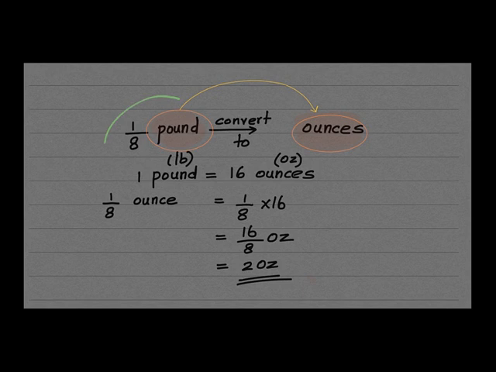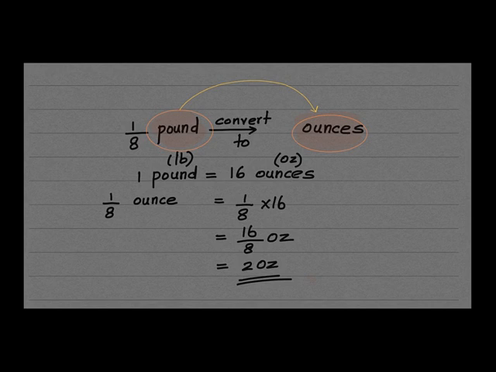Now we are going to convert 1/8 pound into ounces. So converting pound to ounces, we know that 1 pound is equal to 16 ounces. Okay, 1 pound equals 16 ounces. We have to find 1/8 of 16 ounces.